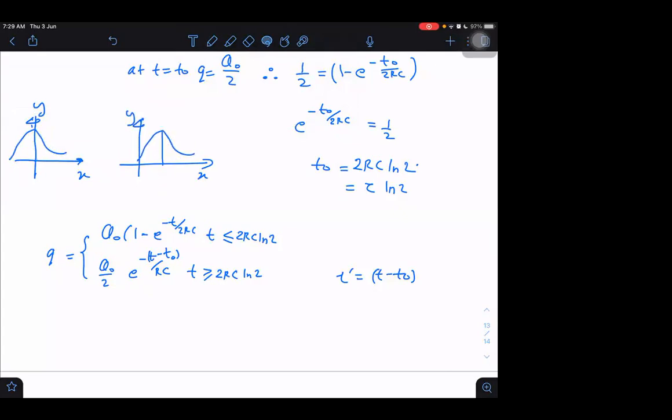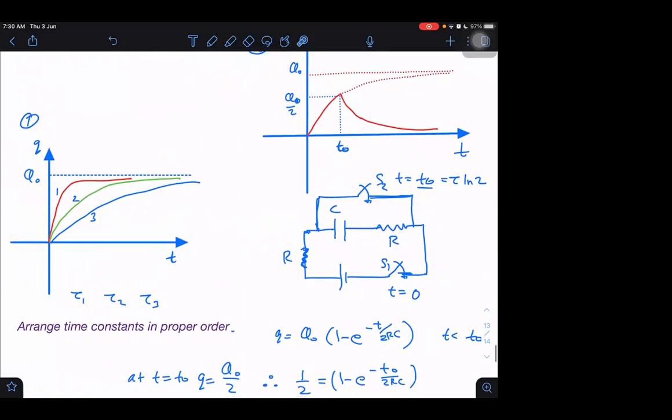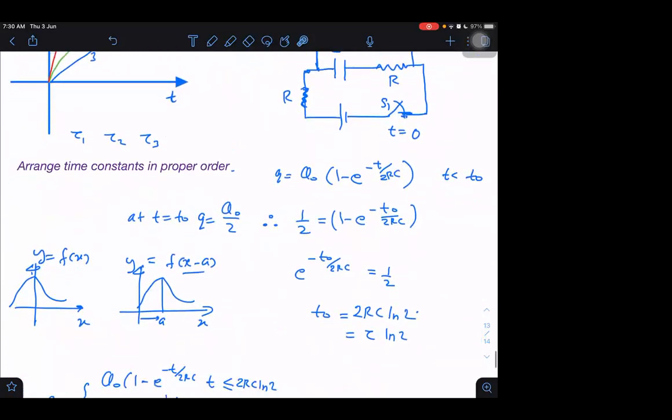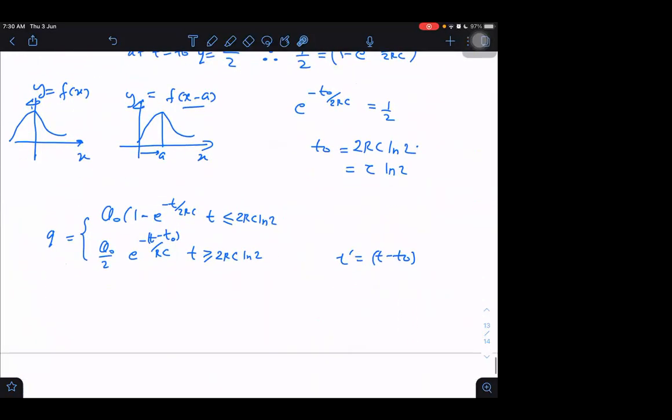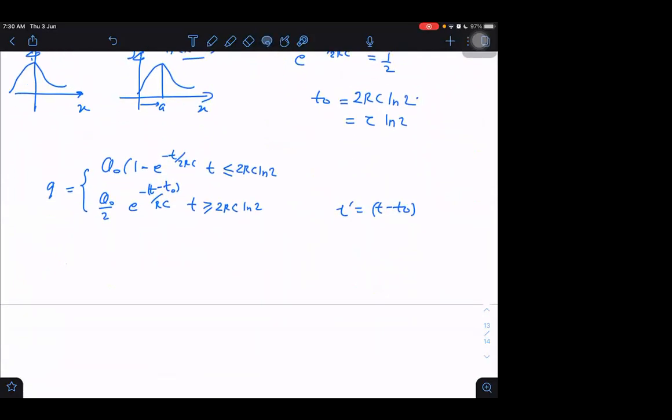How much has it shifted? It has shifted by a distance, let us say a. Then if this is y equal to f(x), this graph will be f of x minus a. So as a general rule, we can always remember this. The same thing happened here. It is shifted towards right, so we can say it is f of t minus t naught. Okay, I hope you have understood this now.